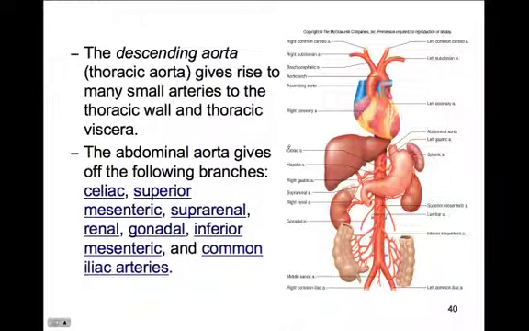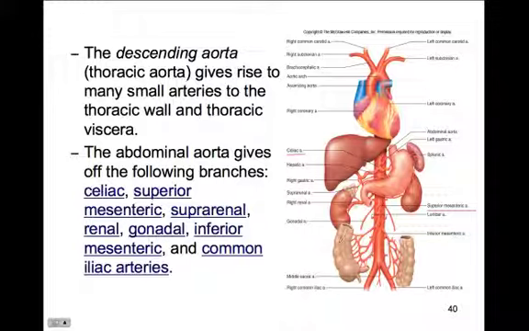First, we'll see the celiac artery. The celiac artery goes to supply many of the digestive organs. Next, we'll see the superior mesenteric artery. The mesenteric artery supplies the mesenteries, the membranes that hold up the small intestine.